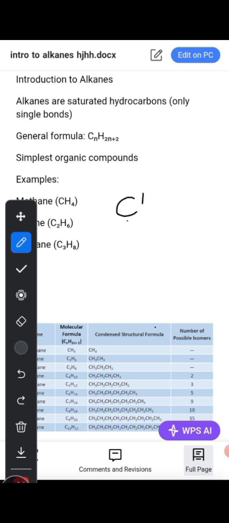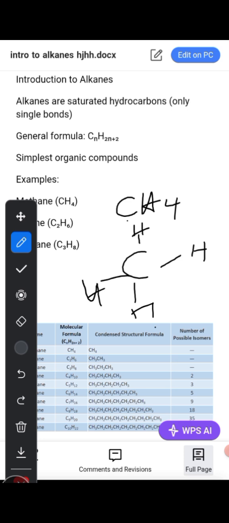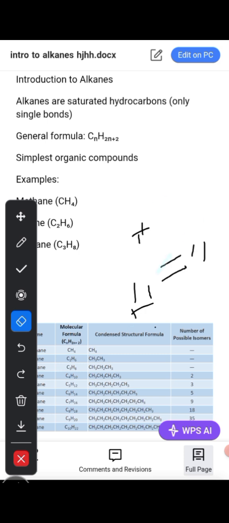Methane is CH4 and the structure is like this: C with H, H, H, H. We can see that C is attached to only single bonds. There's no double bond attached to that carbon. We can only see single bonds: one here, another one here, another one here, another one here. So that is why alkanes are called saturated hydrocarbons.